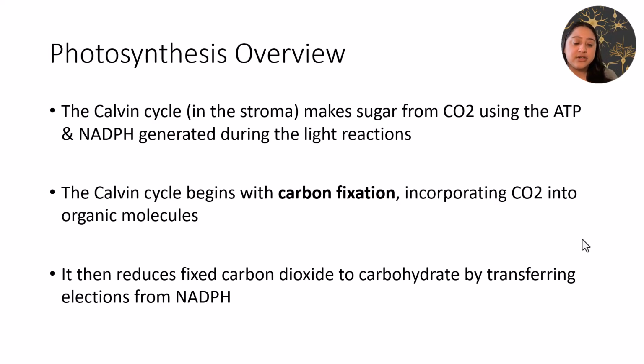The Calvin cycle starts with carbon fixation, which incorporates carbon dioxide into other organic molecules. And then through this whole cycle, it reduces fixed carbon dioxide to carbohydrates by transferring the electrons from NADPH. There's a couple typos here, I'll fix this. So that's the big picture overview of the light reactions and the Calvin cycle.